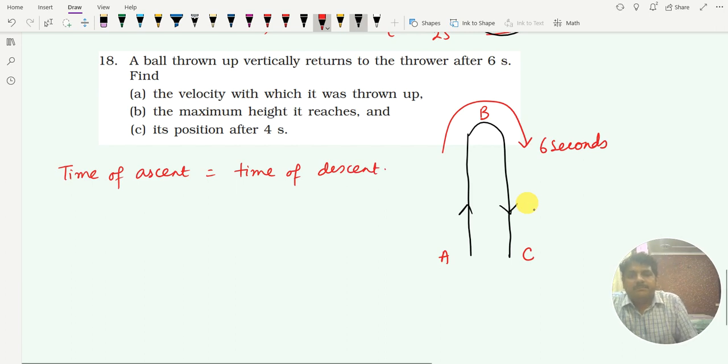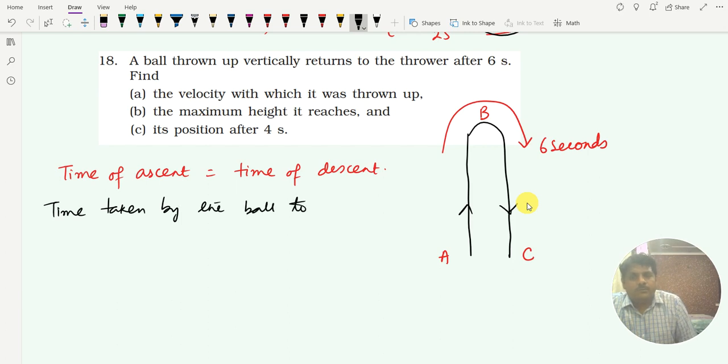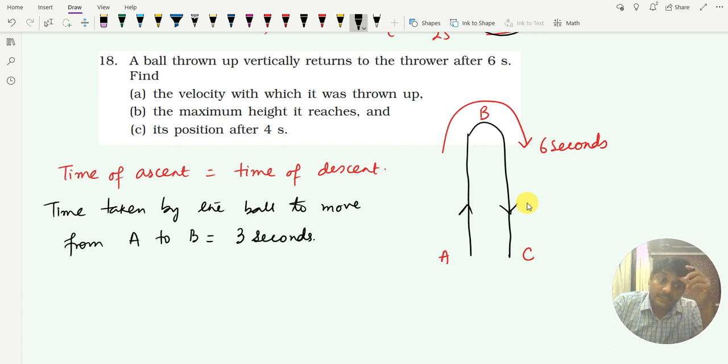So time taken by the ball to move from A to B is equal to 3 seconds. क्योंकि टोटल टाइम 6 सेकंड्स है तो 3 सेकंड्स जाएगा ऊपर और 3 सेकंड्स जाएगा नीचे. So the time taken from A to B is 3 seconds.